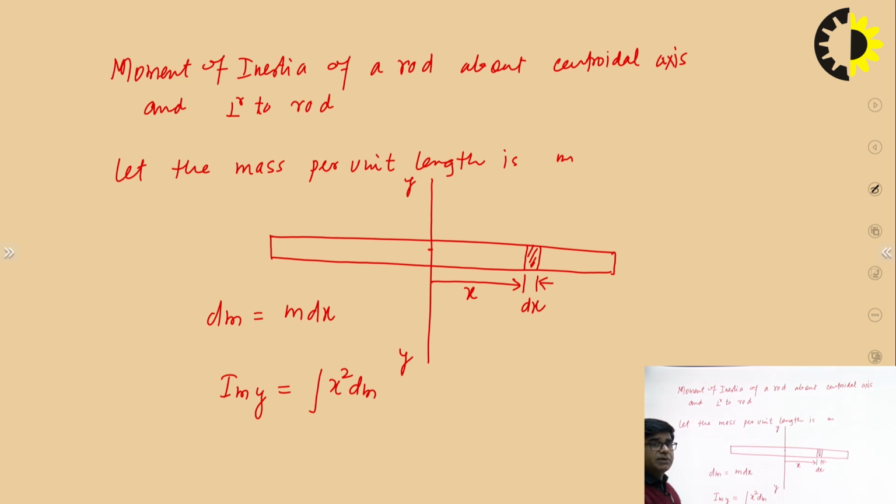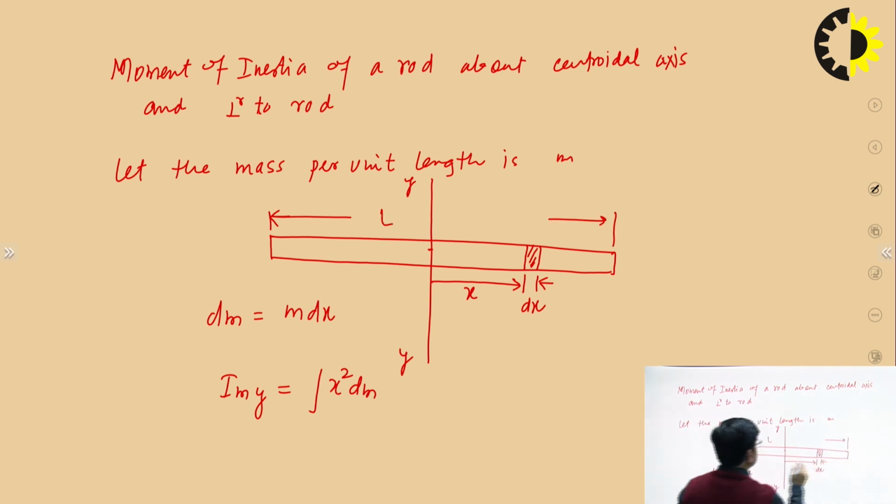So, what may be the limit of integration? Since the total length of the rod is L, and this is the centroidal axis, the limit of integration will be minus L by 2 to plus L by 2, because this is the midpoint. Whatever distance is, that is minus L by 2, and this is L by 2.